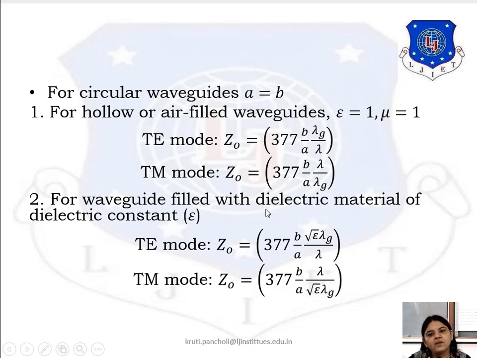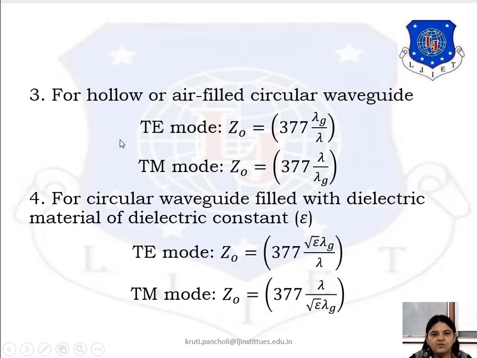For a waveguide filled with a dielectric material of dielectric constant epsilon, for the TE mode, the characteristic impedance Z0 is equal to 377 b by a square root of epsilon lambda g upon lambda. For the TM mode, Z0 is equal to 377 b by a lambda upon square root of epsilon lambda g.